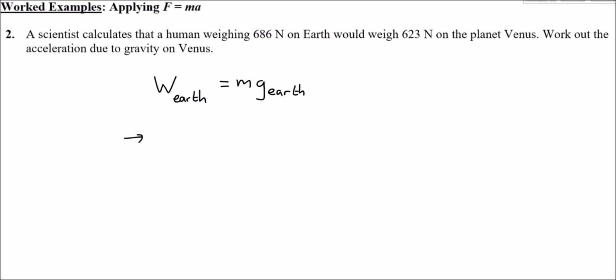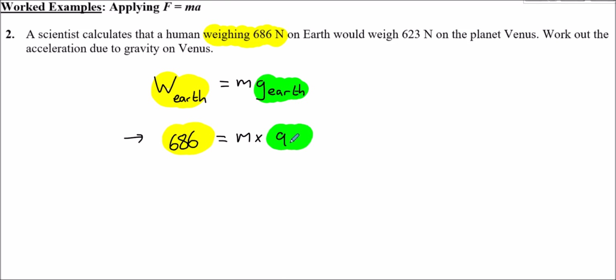So we're told here what the weight on Earth is. It's 686. So 686 equals the mass on Earth, whatever that might be, multiplied by g on Earth, which we should know if we've committed it to memory: g on Earth to 2 sig figs is 9.8. We can therefore work out the mass of the object by a simple rearrangement.